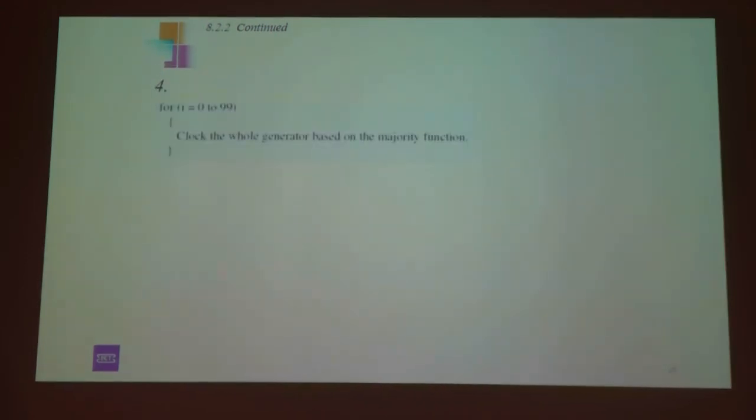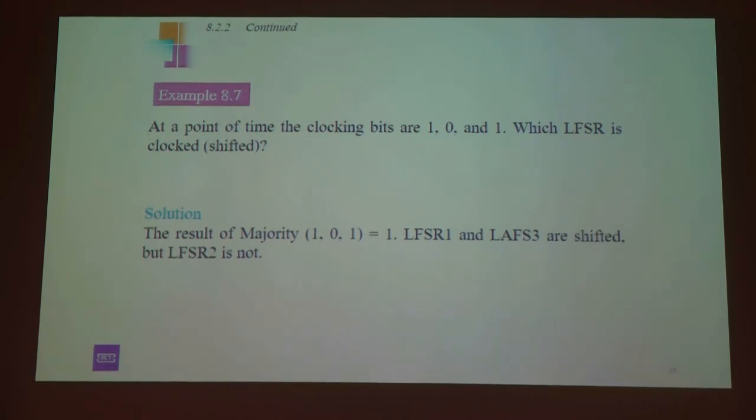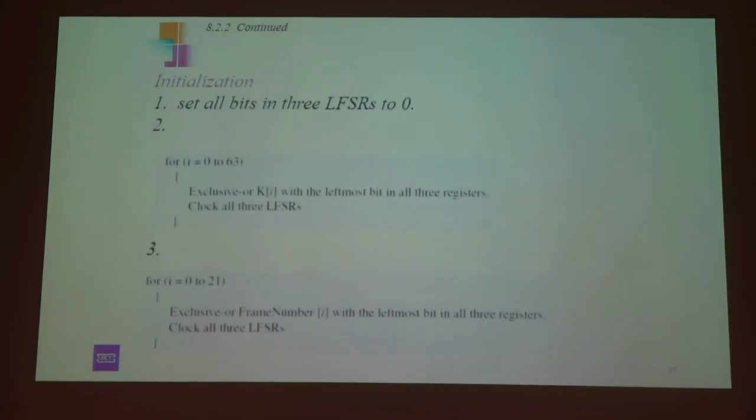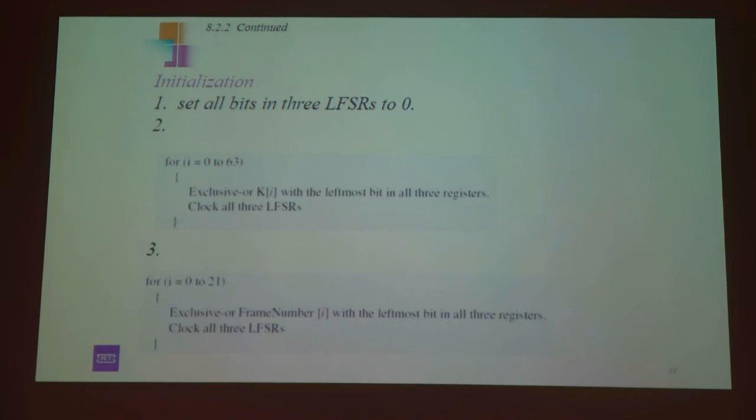Alright? So at a point in time, the clocking bits are 101. That means the output of here is 1, here is 0, and here is 1. So they are XORed together. How much would the output be? 1, right?